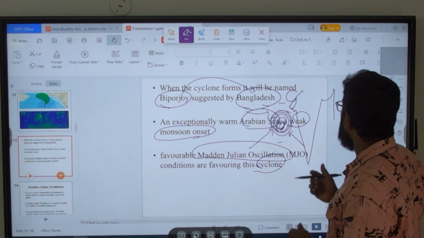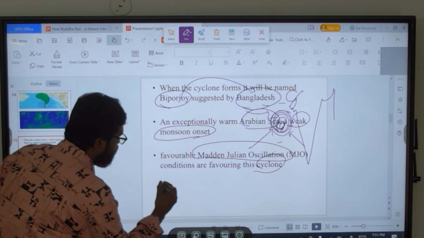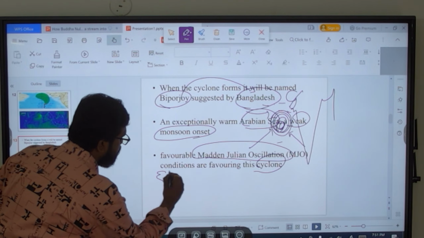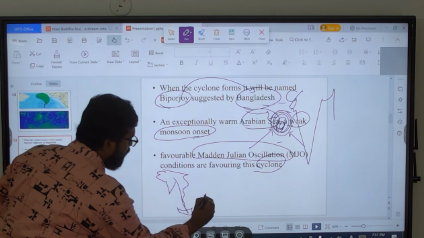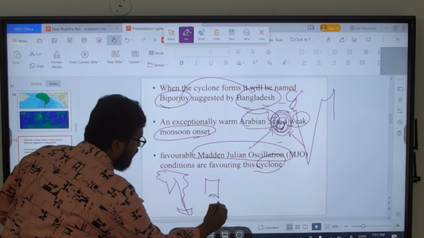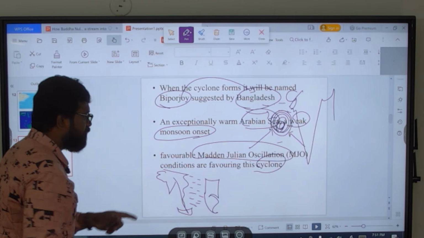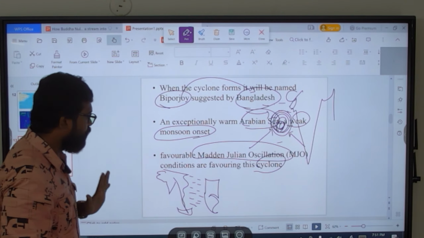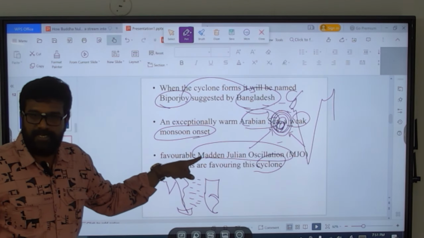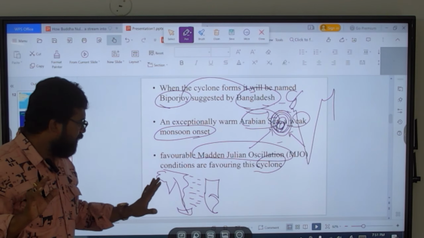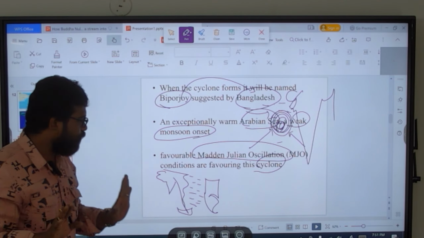You see this, when I'm drawing this, this is Australia, India, and North America, South America. This is called the Pacific Ocean. What does this Madden-Julian oscillation mean? Look at here. This oscillation is prominent in the Indian Ocean and the Pacific Ocean.